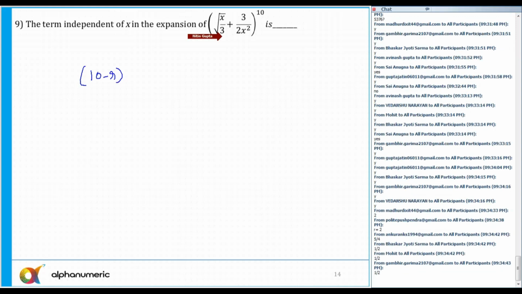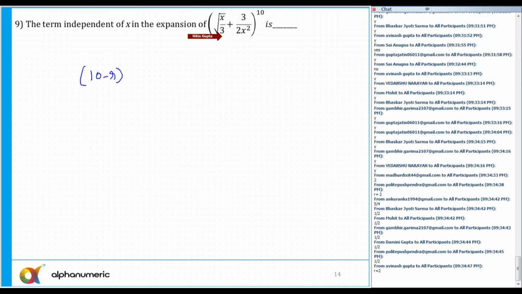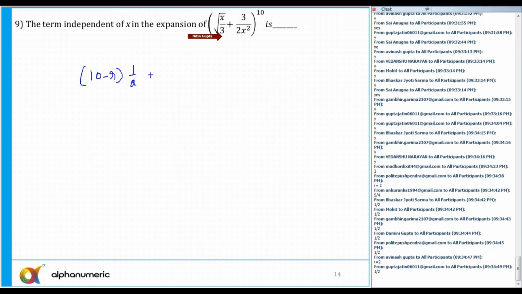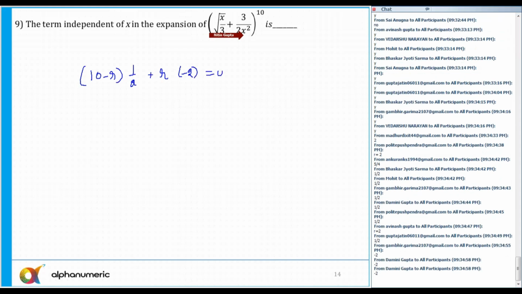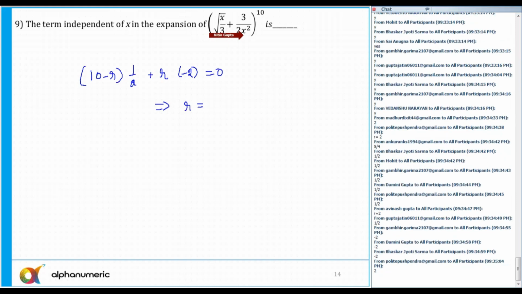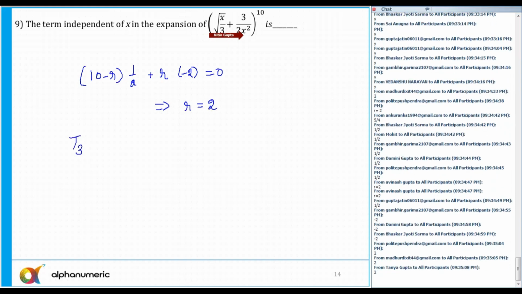Neglect the constant term. So that is 1 by 2, plus r into the power of the other variable in this case. What is the power of the variable here? That is minus 2, and that is equal to 0. So what is the value of r? Please tell me now. That is 2. So which means the third term is independent of x.